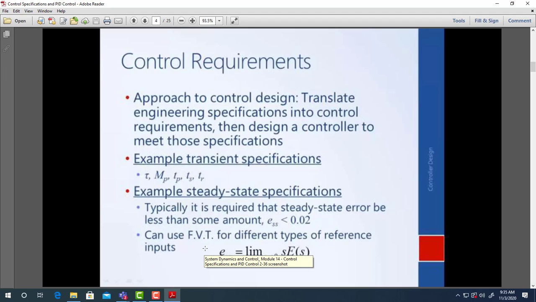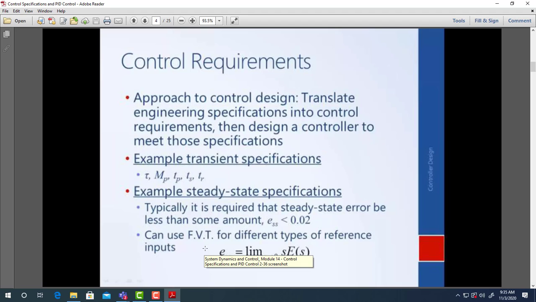The usual approach to control design is to translate engineering specifications into control requirements. Then you design a controller to meet those specifications. What are those specifications? You have the transient specifications and the steady state specifications, and you know all of them.